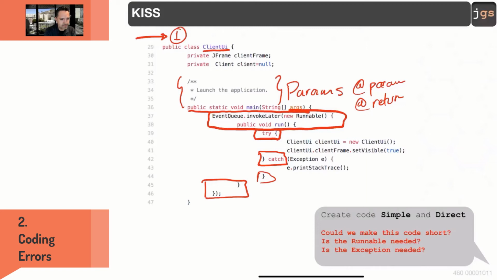I don't think so. I mean, I think we just need the client UI method and then set it visible to true. But if that stuff is needed, then abstract it to its own method, and then potentially abstract that anonymous class into its own class apart from the invoke later method.